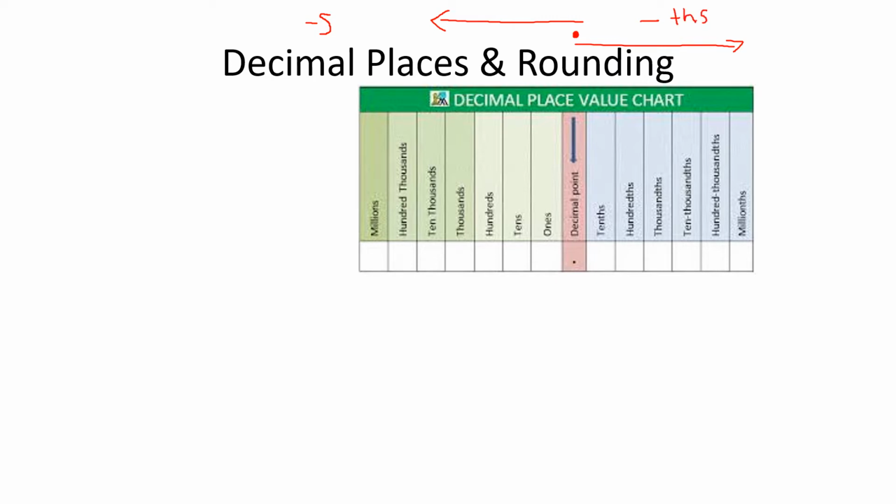So that lets you know which side of the decimal place it is in. This side starts with the tenths, hundredths, thousandths, ten thousandths, hundred thousandths, millionths, right? So THS lets you know it's less than 1. Anything that ends in S, greater than 1.